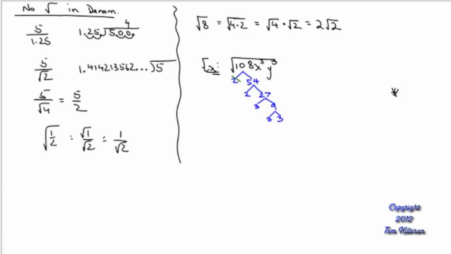Well, this one has a pair of 2s, and it has a pair of 3s. But when I pull these perfect pairs out, the square root of 25 just became 5, one of the factors. So I'm going to pull out a single factor of 2, and a single factor of 3. And 2 times 3 is 6. So the first number I'm going to write down is 6.